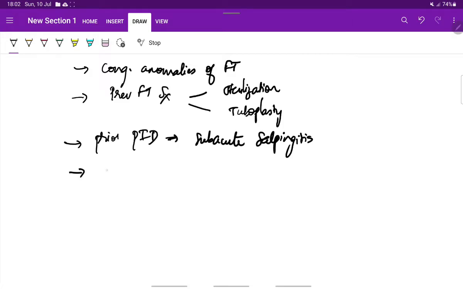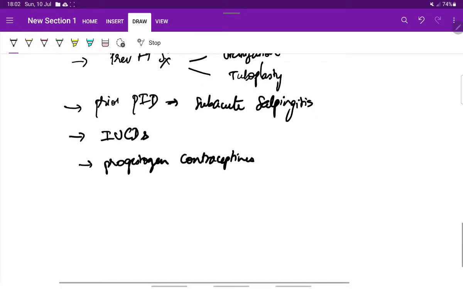Next is use of intrauterine contraceptive devices and progestogen contraceptives. This is because they decrease the tubal motility. So the fertilized ovum gets implanted in the fallopian tubes itself.